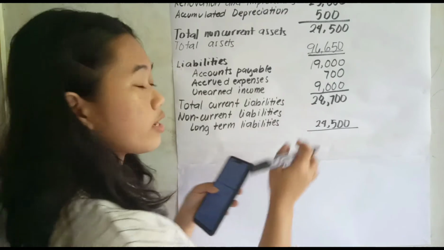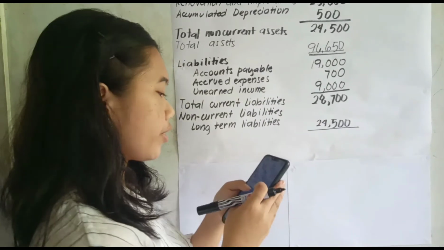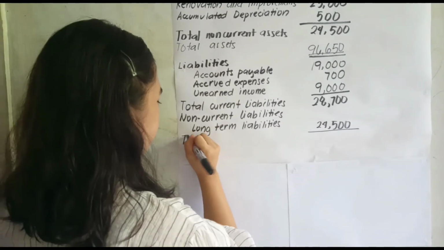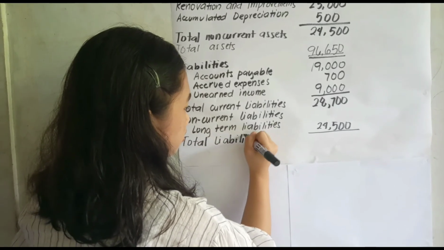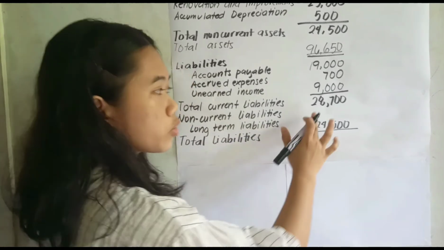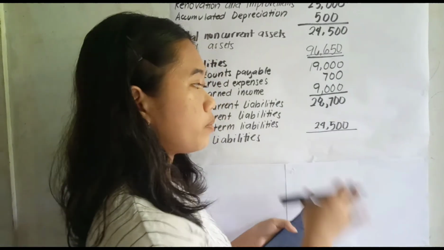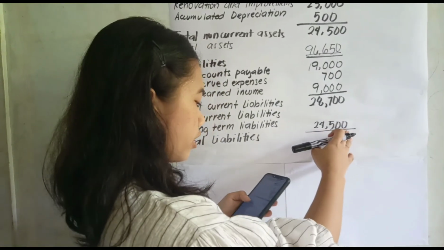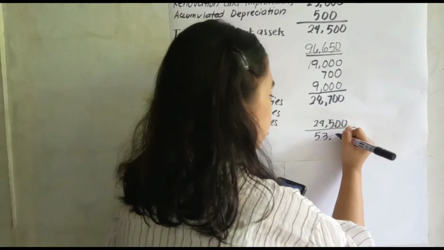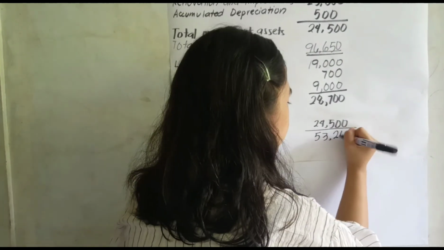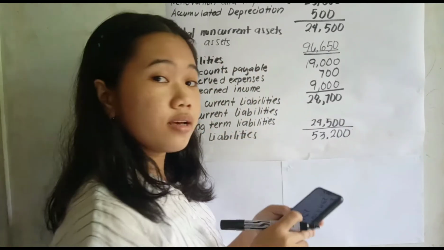Next is add the current liabilities and the non-current liabilities to come up with our total liabilities. 28,700 plus 24,500 is equal to 53,200.